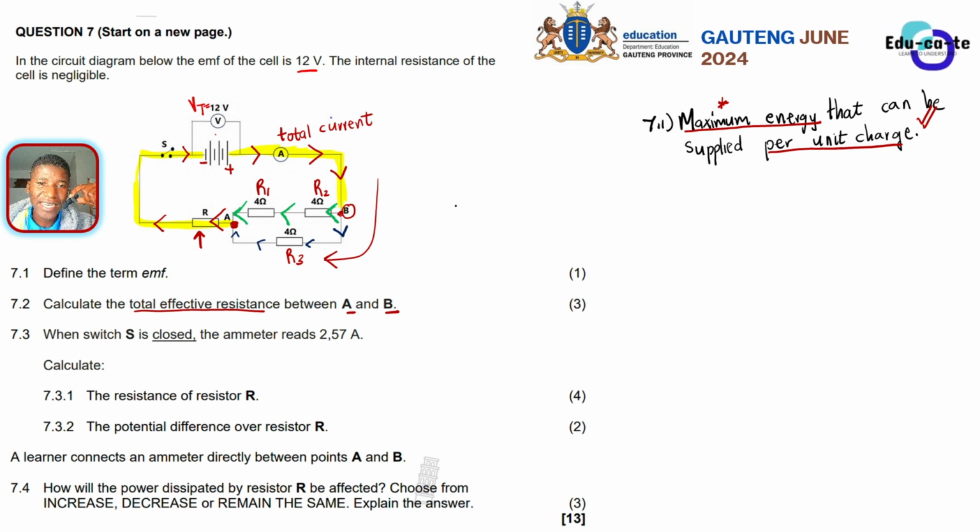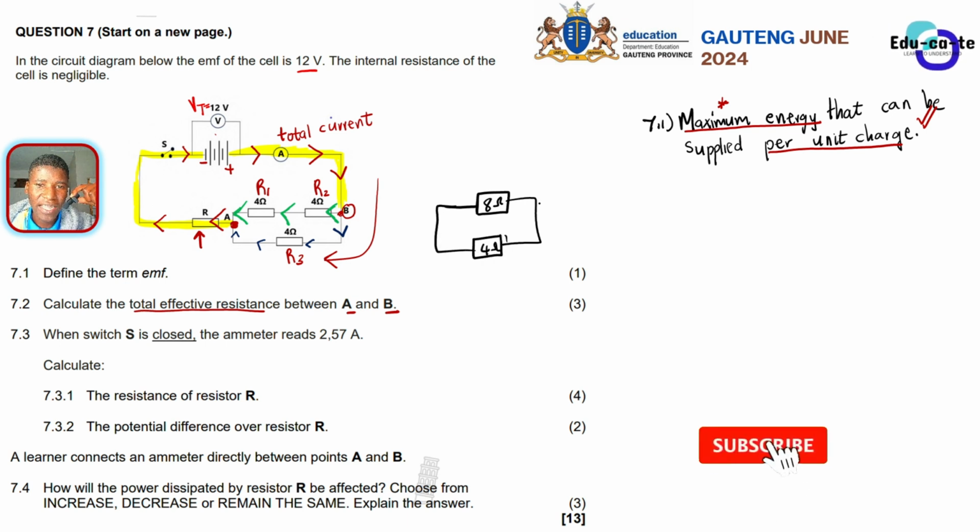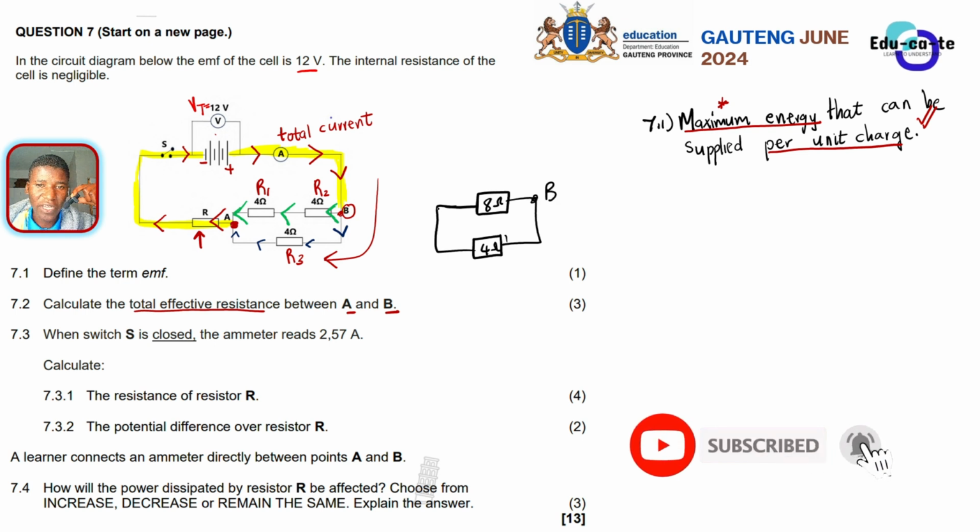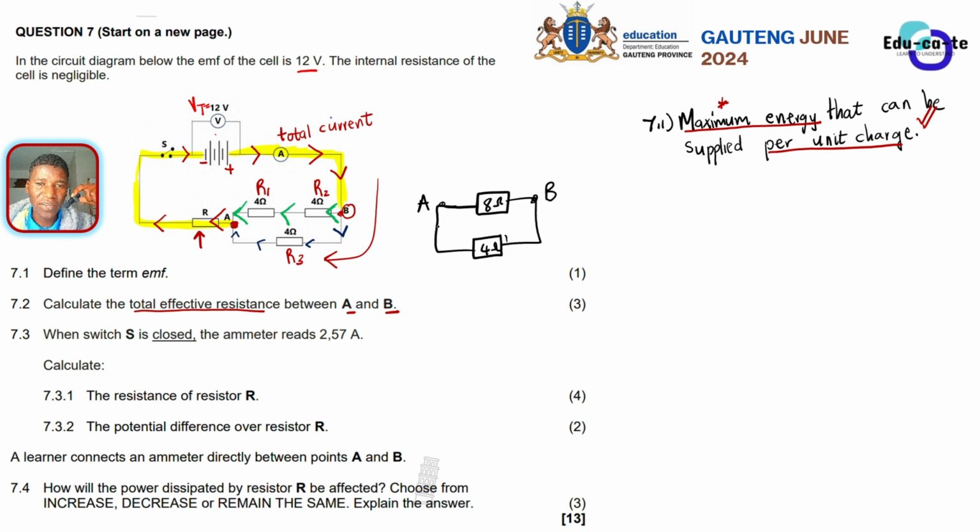If we restructure this, we've got an 8 ohms resistor here, and then a 4 ohms resistor at the bottom. This is our point B, and this is our point A. It's not exactly the same, but it's basically how it looks.